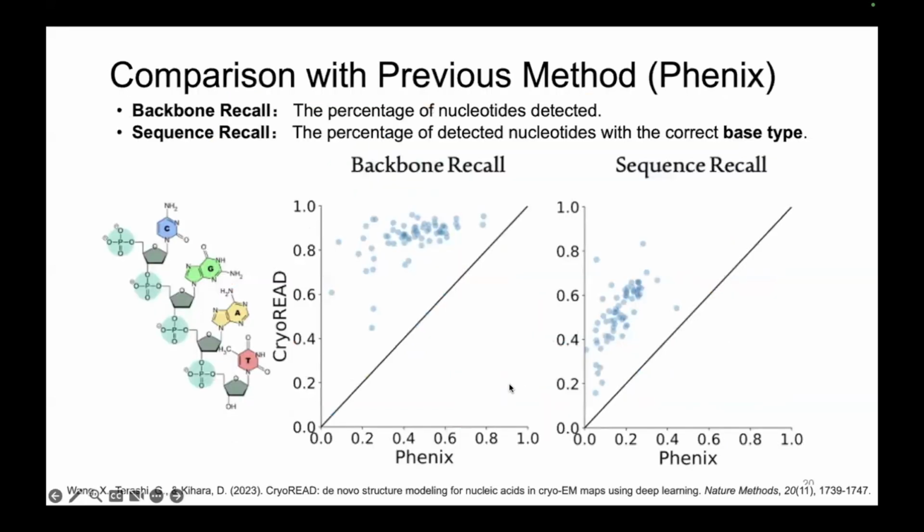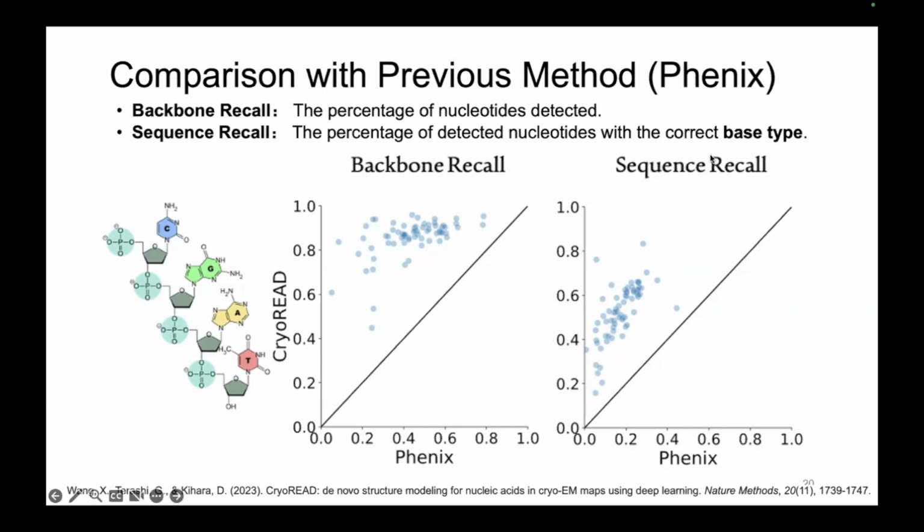We also compared with the previous method, Phenix. Phenix has DNA and RNA structure modeling tools. The x-axis is Phenix, the y-axis is CryoREAD, and this is the backbone recall: how accurately backbone positions are predicted, the percentage of nucleic acid detected. Also, we checked the sequence recall.